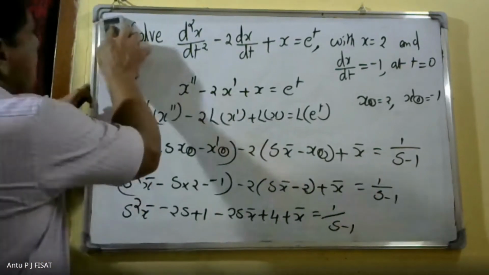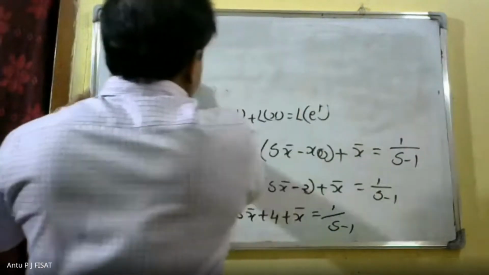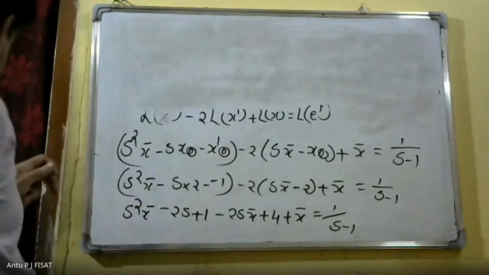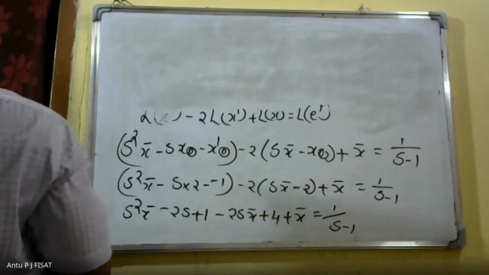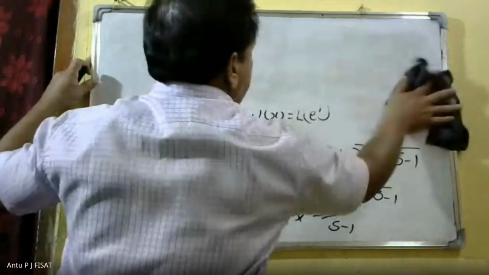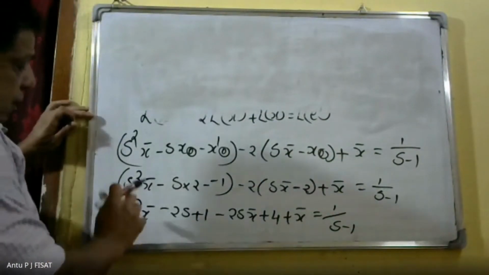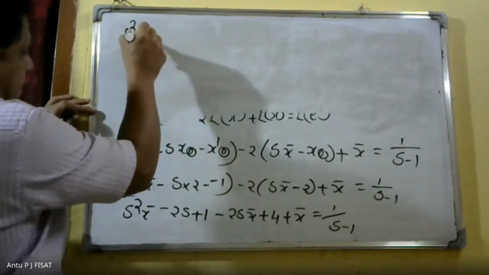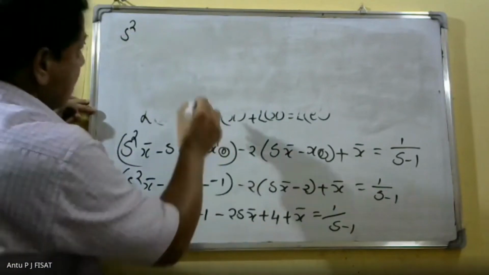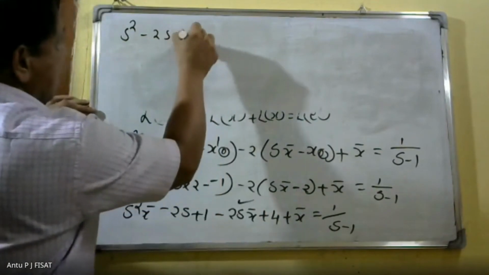Then s square, here minus 2s, then plus 1.